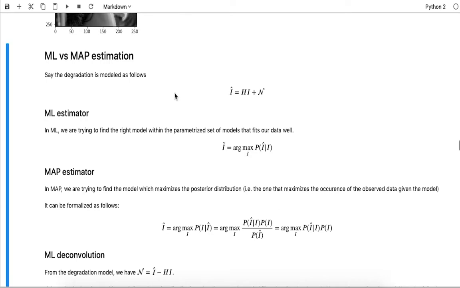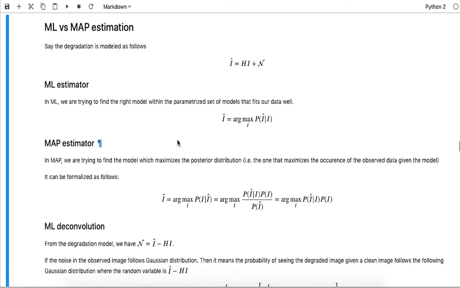So what maximum likelihood does is you have a parameterized set of models, I mean my set of images, which are all the possible solutions, the recovered image. From this whole set, I'm picking the one which fits our data well.